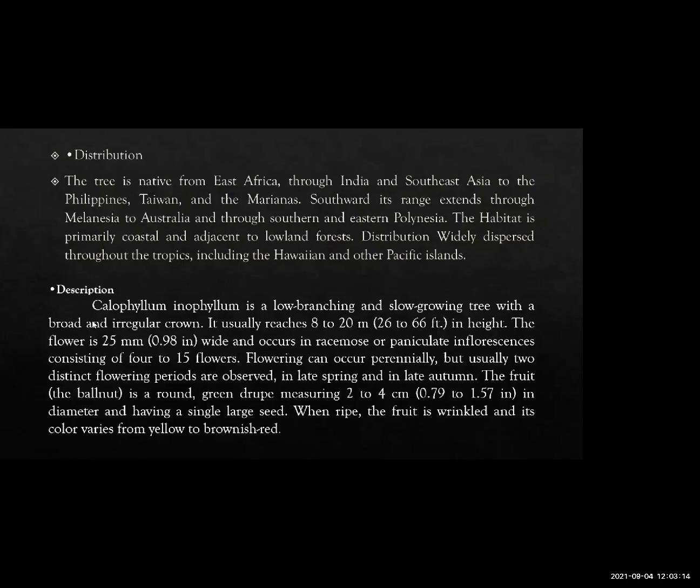Calophyllum inophyllum is a low-branching and slow-growing tree with a broad and irregular crown. It usually reaches 8 to 20 meters or 26 to 66 feet.